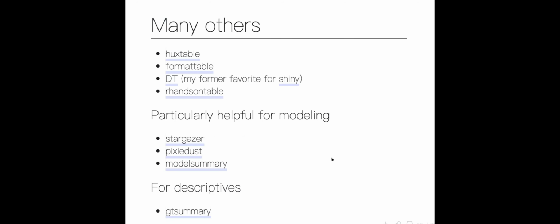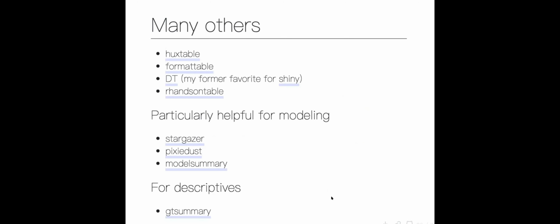But if you know you're going to go to Microsoft Word, you might want to check out that other one, flextable. Like I said, I don't have a lot of experience with it, but it seems promising to me. Questions on any of that before I move on?